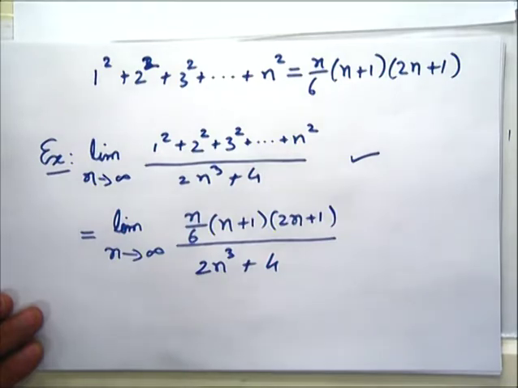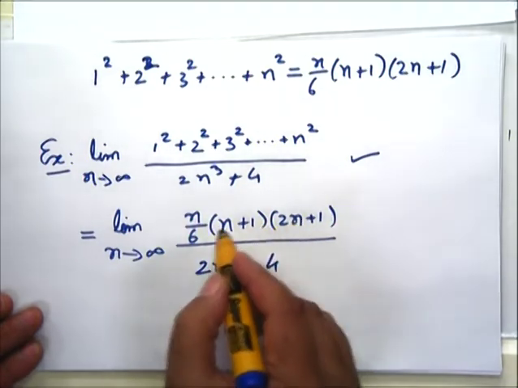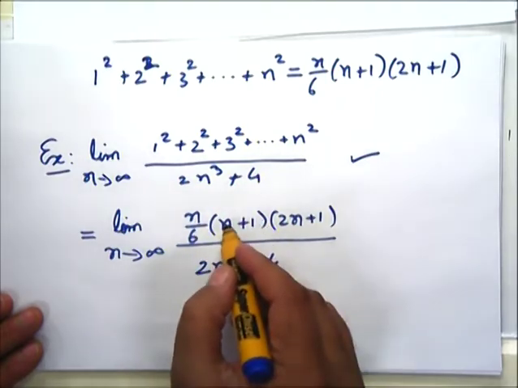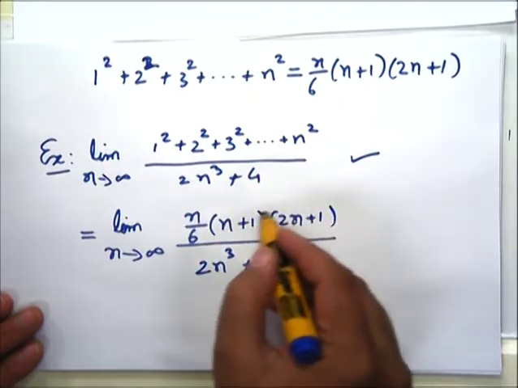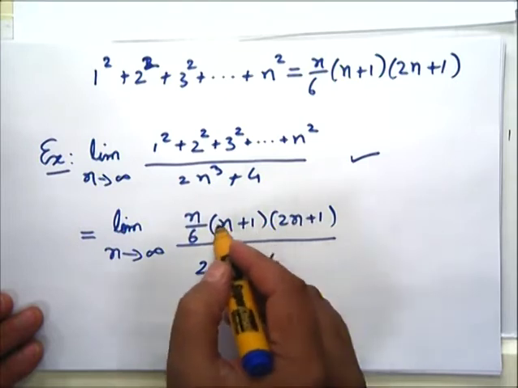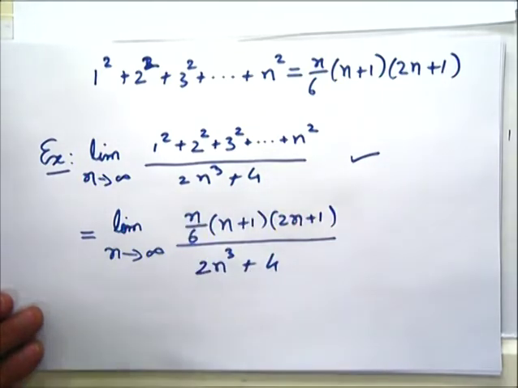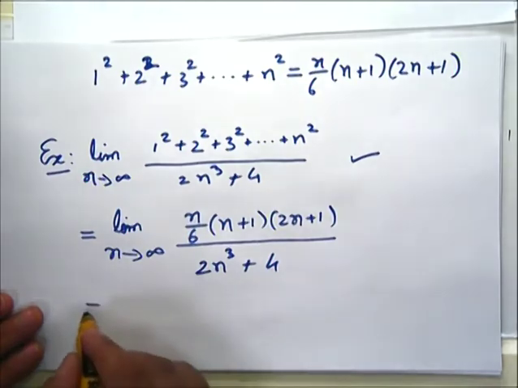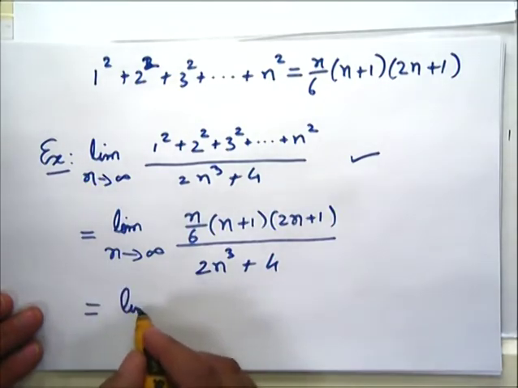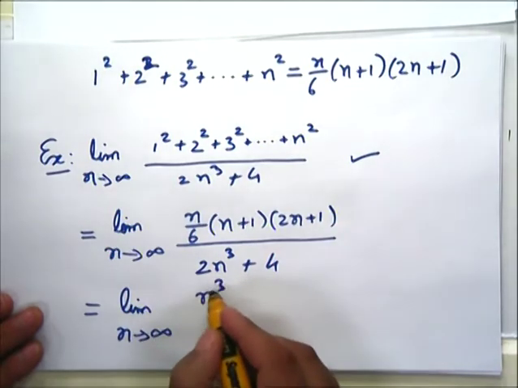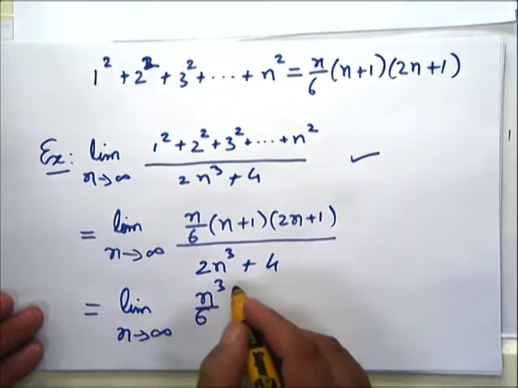So now we will take n out of this bracket and another n out of this bracket. So one n and another n, so n square and another n, that will be n cube. I am writing directly limit n tends to infinity, n cube by 6.